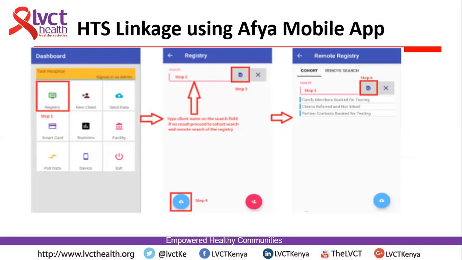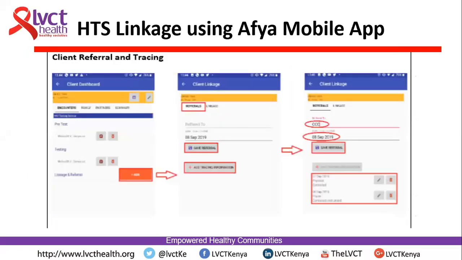If the client has been pushed to the server, then the HTS counselor will be able to do a remote search from the server. And then from there, the HTS counselor is able to get the possible matches and locate the client she or he wanted to update.